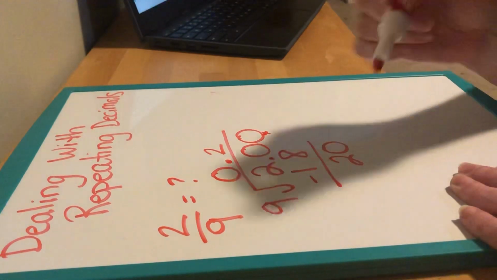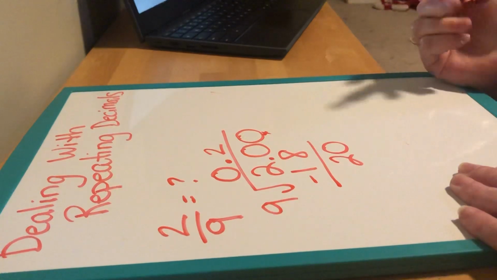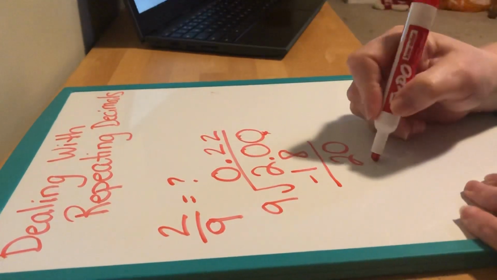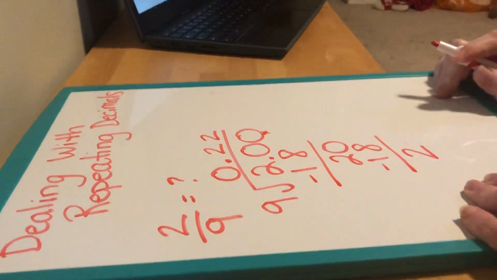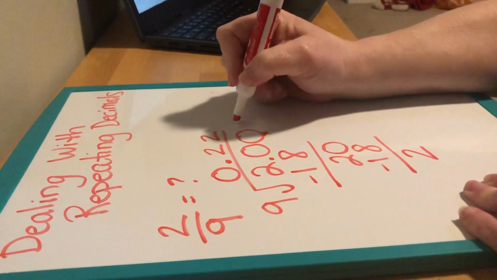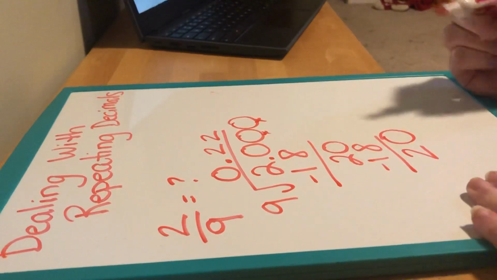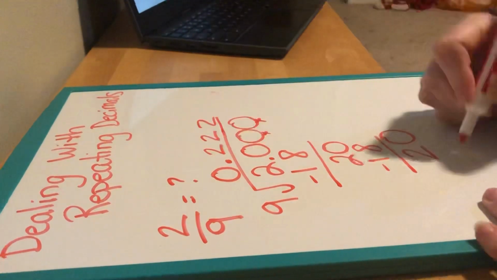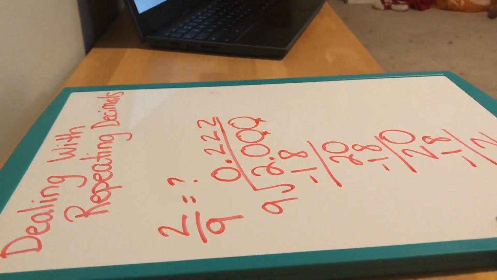So now I've got a question. How many times does 9 go into 20? Or 9 times what is going to get me close to 20? And we know it's a 2, because I can see a pattern developing, and I'm left with a remainder of 2. Just to make sure, I'm going to do it one more time: 9 times 2 is 18, and that gets me 2.